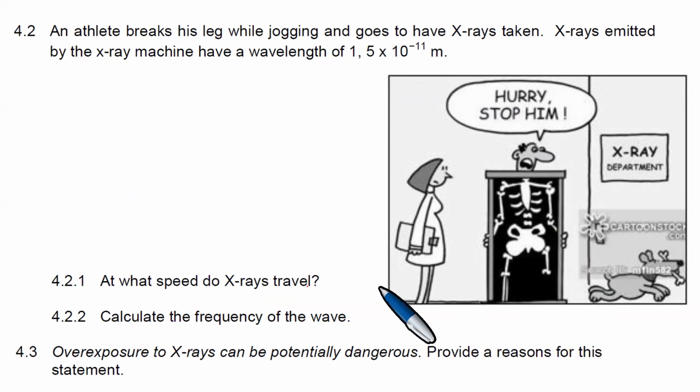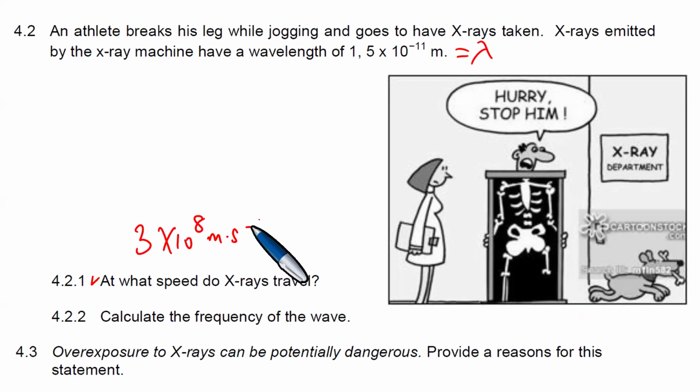At what speed do X-rays travel? 4.2.1. So X-rays travel at the speed of light in vacuum, which is 3 times 10 to the 8th power meters per second.